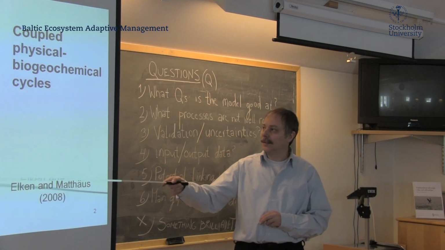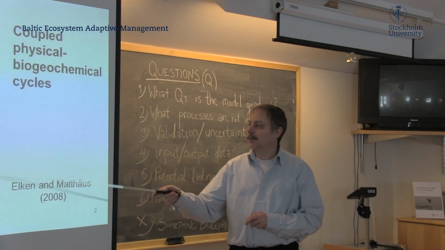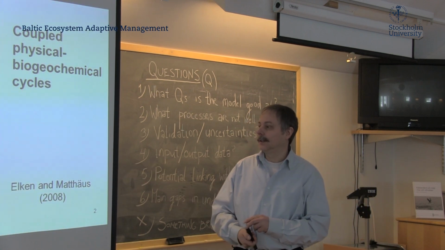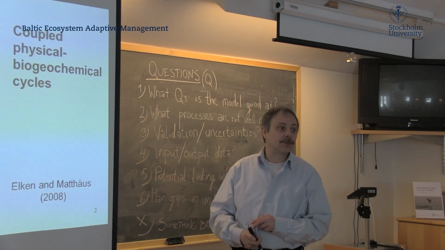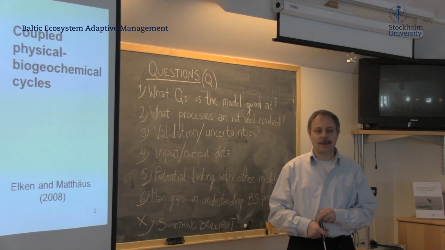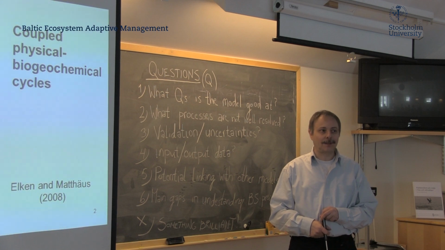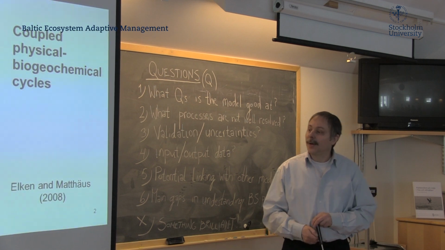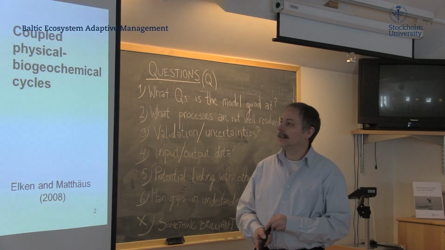So here in this example from 200 meter depth, it brings oxygen rich water and ventilates the deep water. If you want to understand biogeochemistry in the Baltic Sea, it is almost impossible to do it without understanding the physics. Both the physical and biogeochemical parameters are very strongly interlinked with each other.